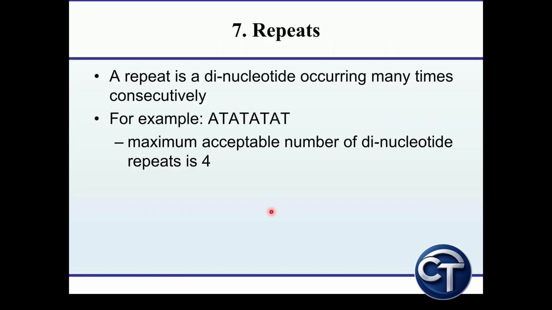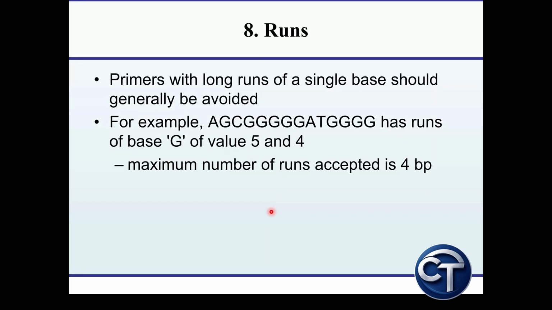A repeat is a dinucleotide occurring many times consecutively. For example, here we have a sequence that is AT, AT, AT, AT. The maximum acceptable number of dinucleotide repeats is 4. If this number is exceeded, the primer may bind to itself and it will inhibit our reaction. Primers with long runs of single bases should generally be avoided.